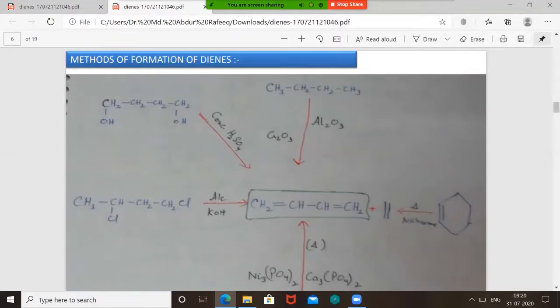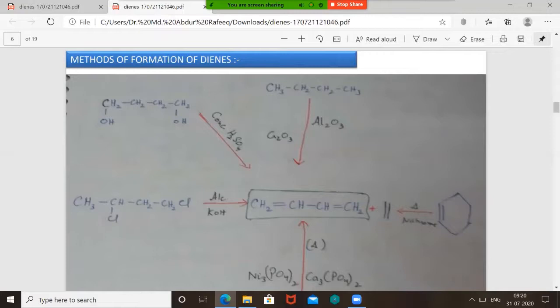Similarly, 1,4-butane diol, when heated with concentrated sulfuric acid, loses one water molecule from here and another water molecule from carbons 1,2 and 3,4, and you get double bonds. Or when n-butane is heated in the presence of alumina or chromium oxide, you get butene.